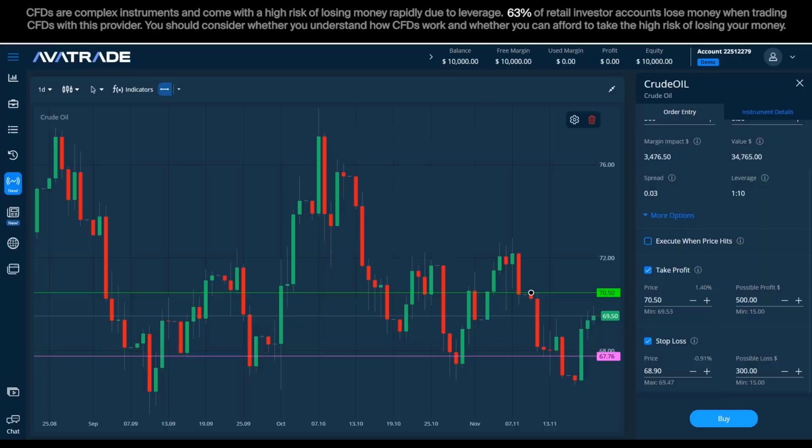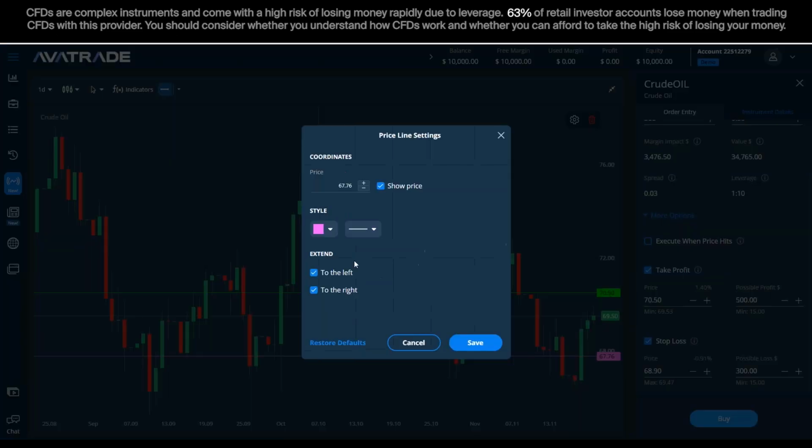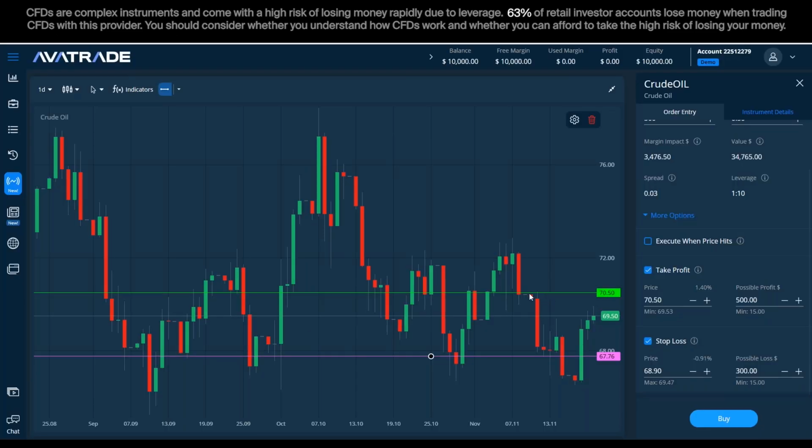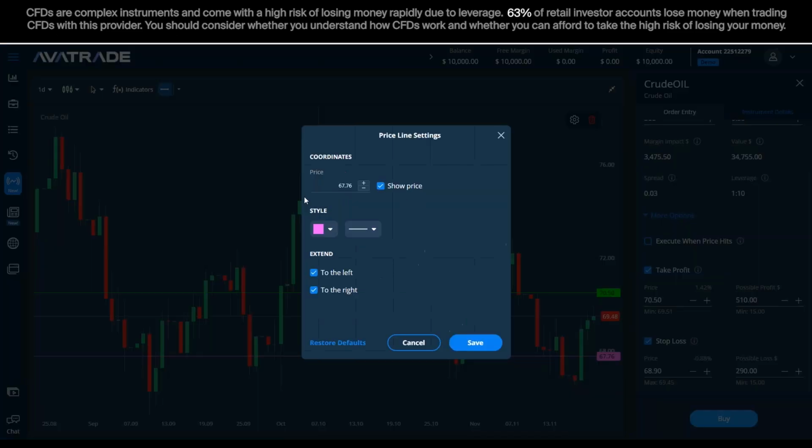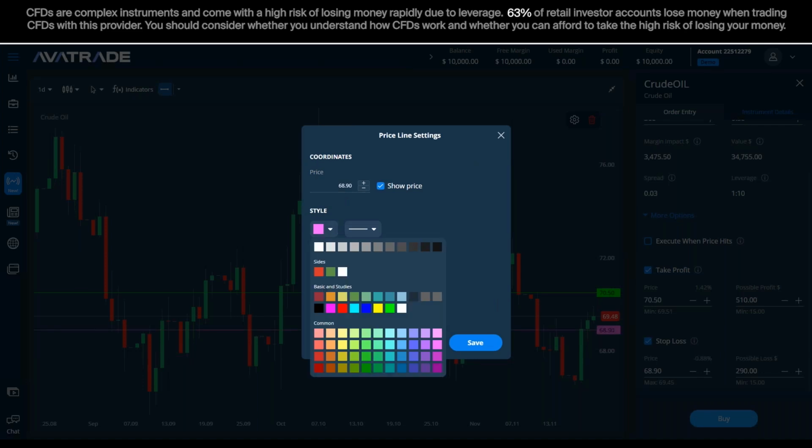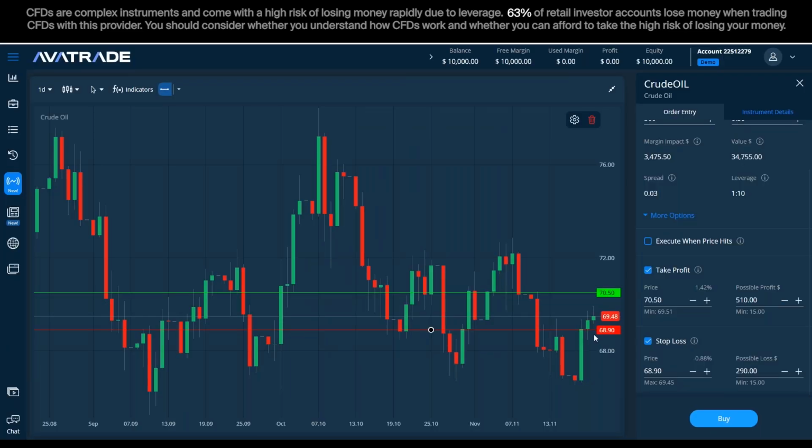In other words, if I believe that oil will get to 70 and a half, then if it gets to here, it's going to close it with a profit, making me $500. And if it gets down to, God forbid, 68.90, then I will lose 290. Okay, this is super simple.